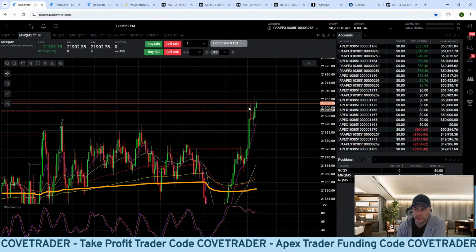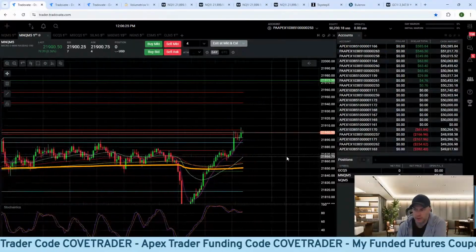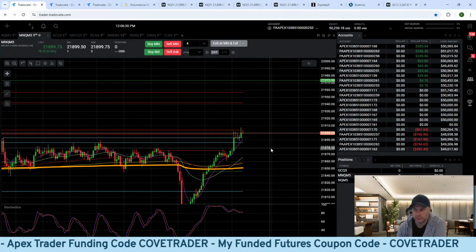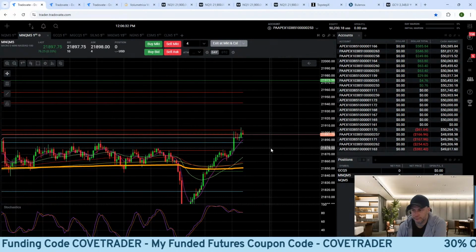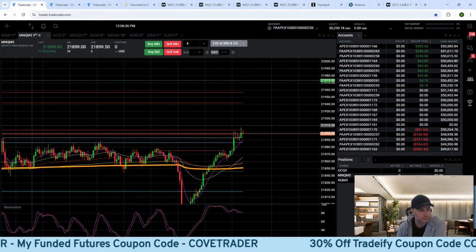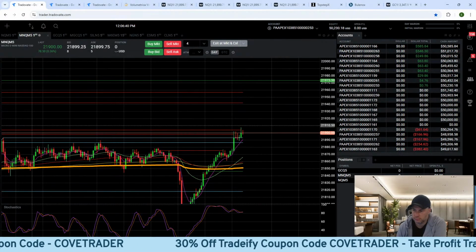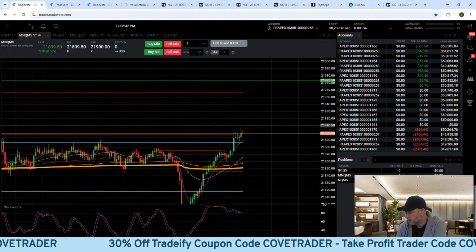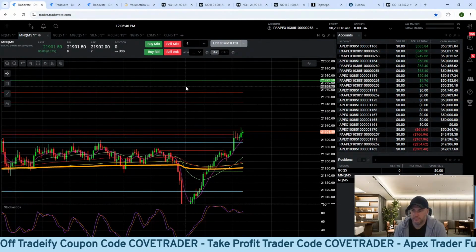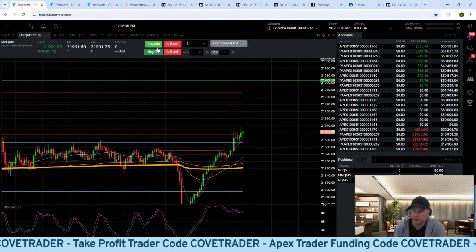I think it wicked it to take out any shorts, but I'm curious if it pushes over and stays. I like it over the pivot point.